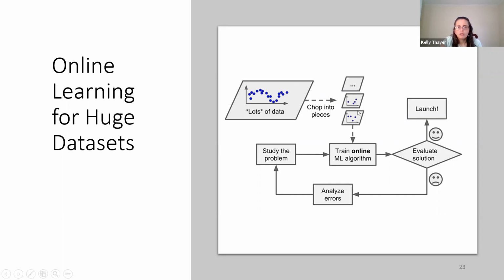So what can be done is we can chop the data into smaller pieces, and we may be able to train an online ML algorithm to evaluate the solution, analyze the errors, study the problem, and then give it a different chunk of data. So we might be able to iterate through various pieces of data, and then when the solution is satisfactory, we would be able to launch and use that model to make predictions about whatever questions we're trying to answer.